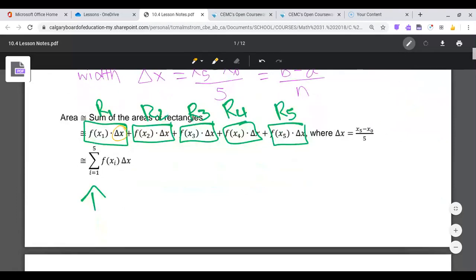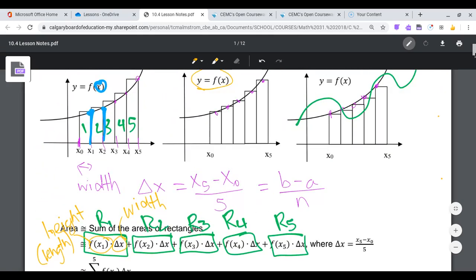The change in x is the width of your rectangle, and the f of x1 is the length or the height of the rectangle, which, when you think area of a rectangle is width times length or length times width. In this diagram, we're summing up, in this particular equation, the right example.